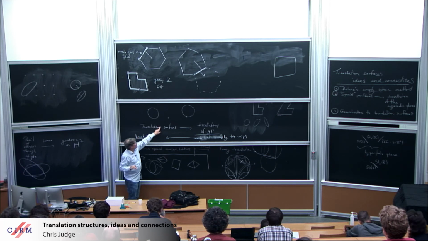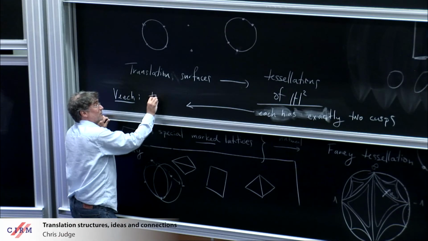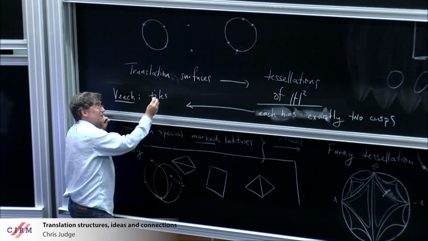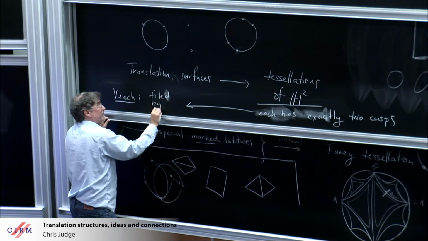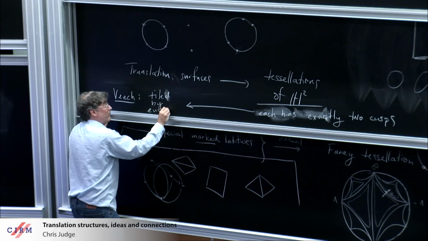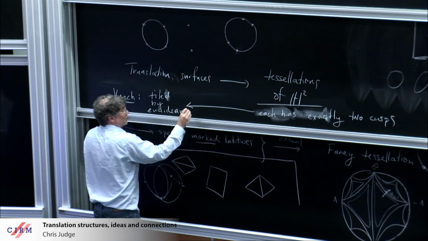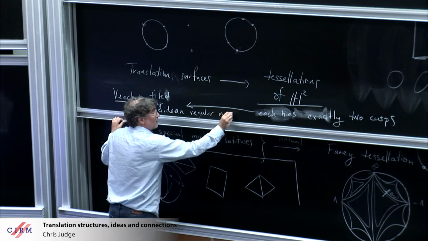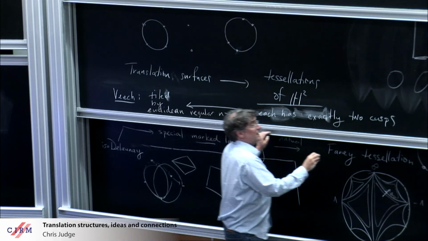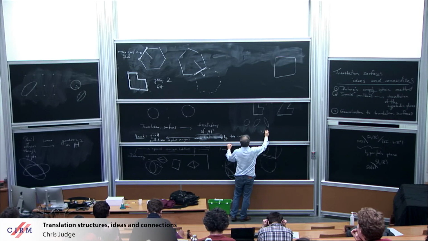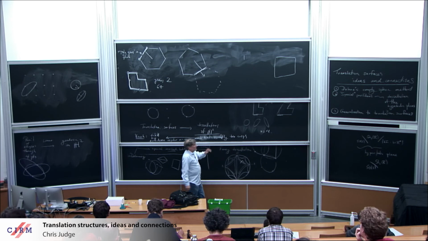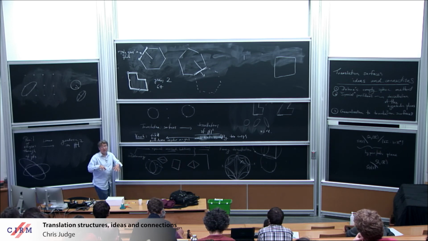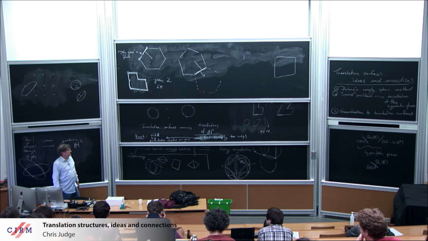And in particular, this surface was tiled by Euclidean regular n-gons. And I should say that n has to be bigger than or equal to 4, I believe, for this. There's some small n for which it doesn't work.